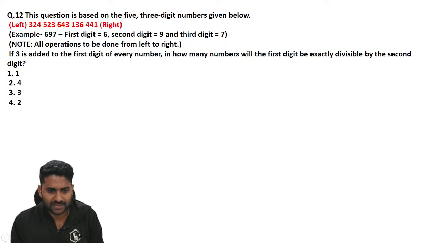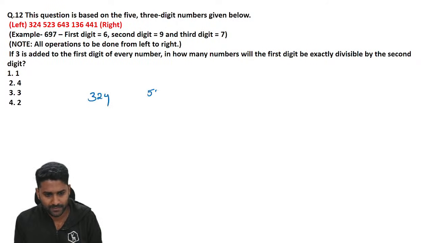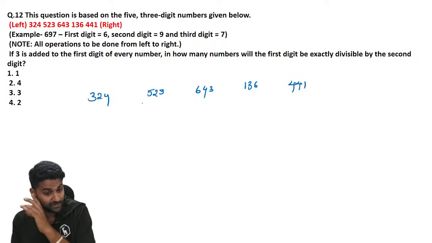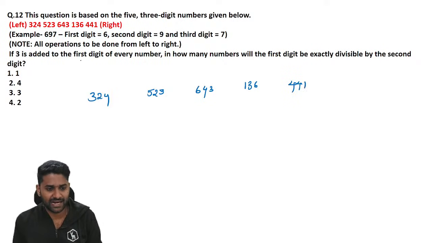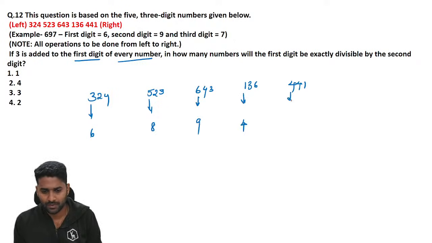Next, we have five 3-digit numbers. See, here the numbers are 324, 523, 643, 136, 441. The information says that 3 is added to the first digit of every number, so it becomes 6, 8, 9, 4, and 7.